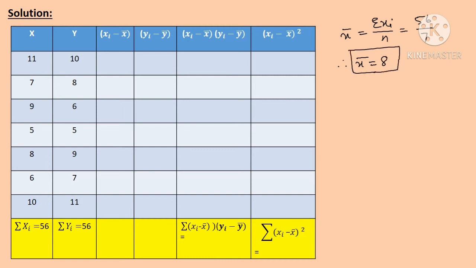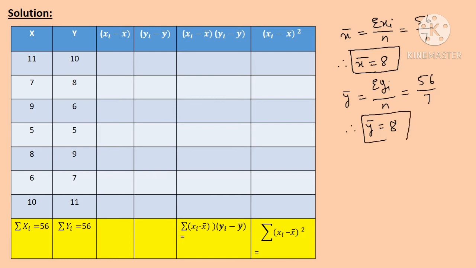Similarly we will calculate y bar, which is equal to summation yi upon n. Now summation yi is also equal to 56. So we get 56 upon 7, that is y bar is equal to 8.